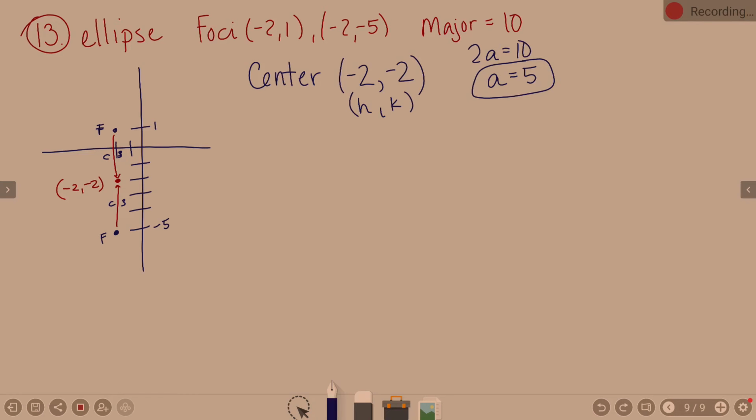No, the distance from the center to the foci. Okay. So the distance from foci to foci would be 6, because it went from -5 to 1, or reverse that, 1 to -5. So that distance was 6. And so in order to find the middle, half of 6 is 3. So you're counting in 3 either way. And C is the distance from the center to one of the foci, just like A is the distance from the center to one of the vertices.